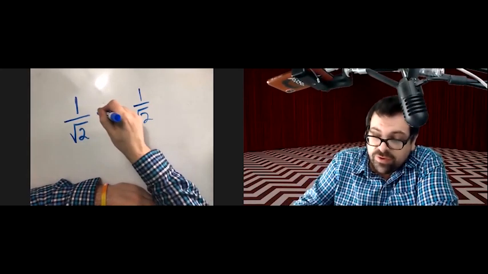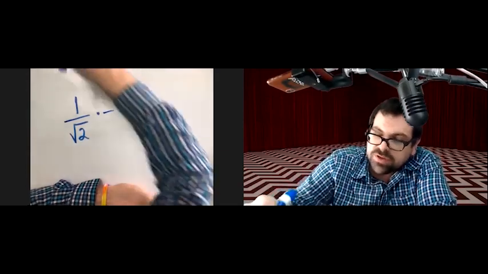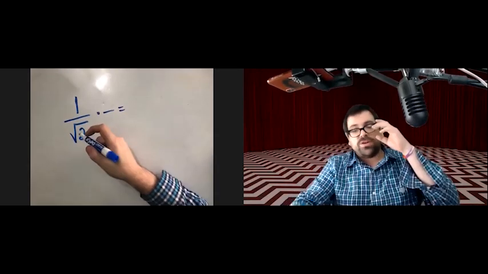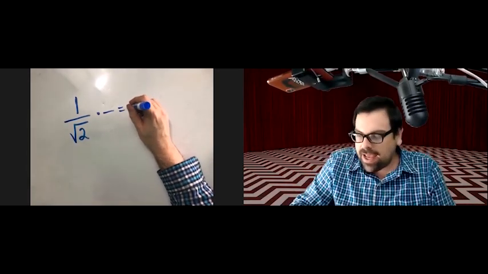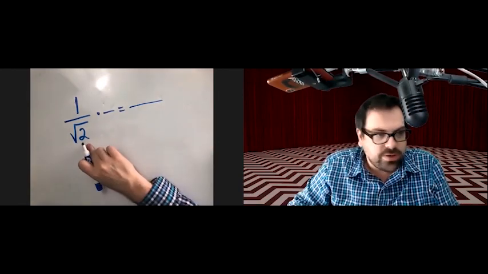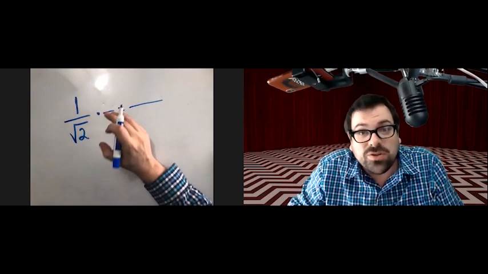Anything over itself is 1. So we want to multiply by something over itself in a way that rewrites this as something that does not have a radical on the bottom. It turns the bottom from an irrational number to a rational number.